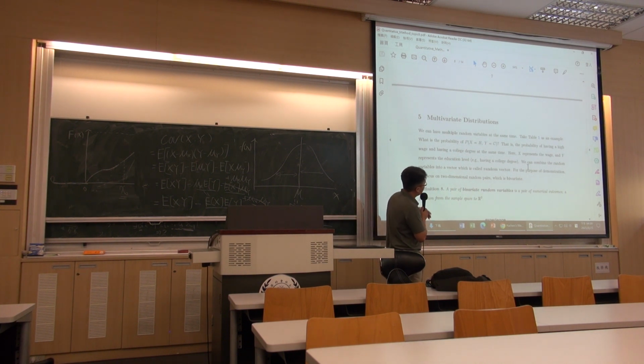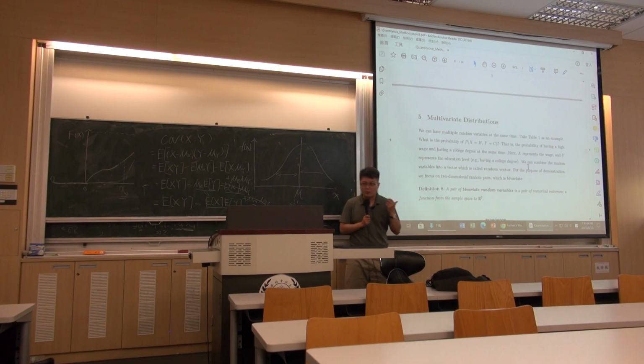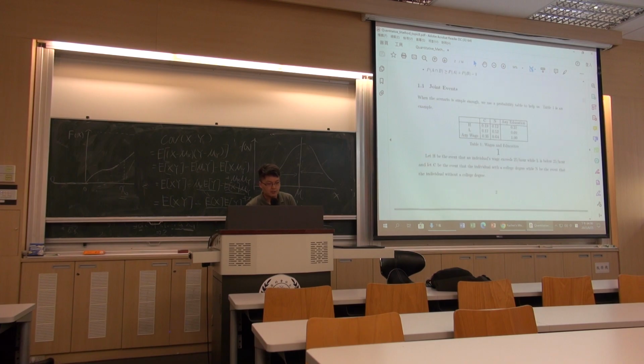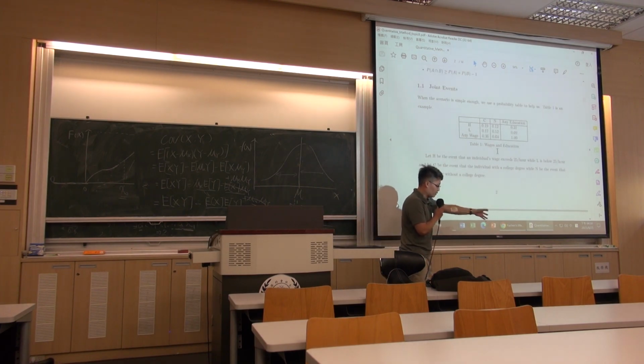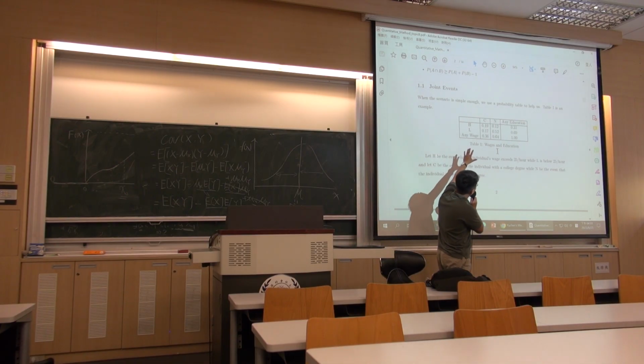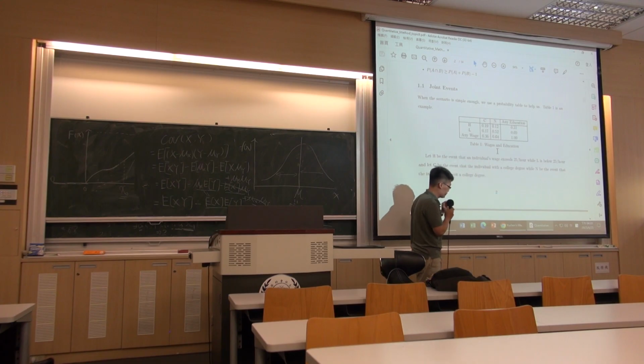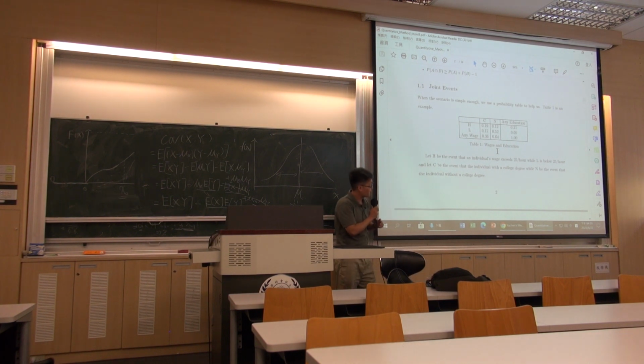Okay, so if we go back to table 1 again, for example, P of x equals h and y equals c. What does that mean? That means when I randomly draw a person from that population, from that sample, what is the probability that the person has a high wage and a college degree?